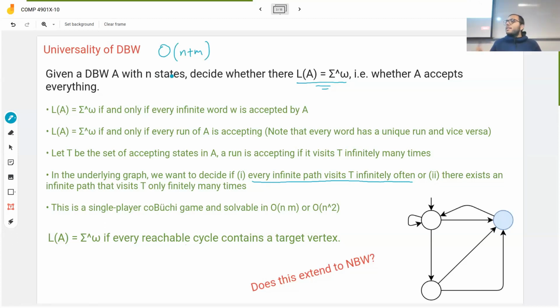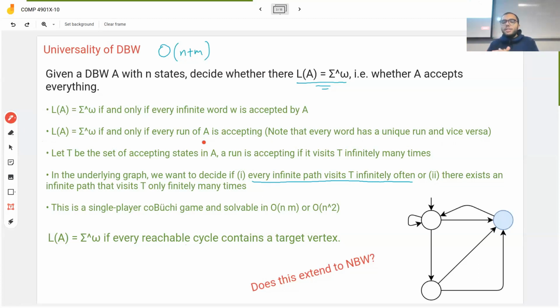But it's very important to see that the same argument does not work for non-deterministic Büchi automata. Because the main step, the thing that really made everything easy, was this step. Okay? I said that if all of the words are accepting, then all of the runs are accepting. This is because I had a one-to-one correspondence between runs and words. That only exists in deterministic automata.